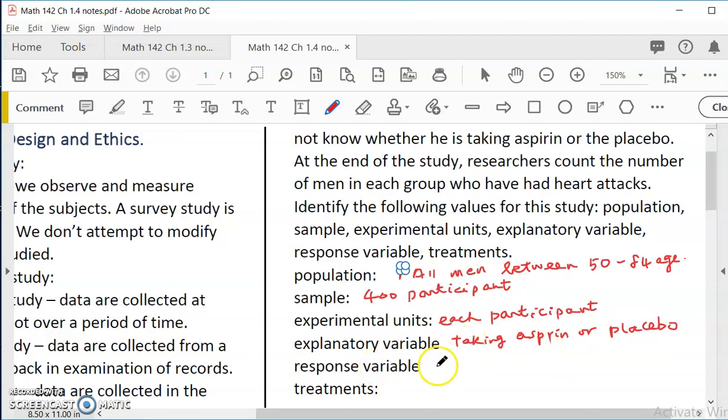Response variable would be heart attack or not, right? If each experimental unit experiences a heart attack or no heart attack. Treatments are the aspirin or a placebo.